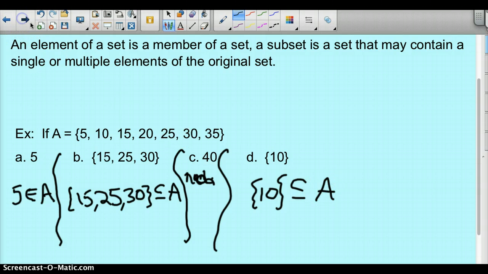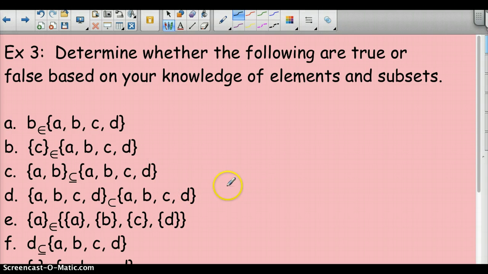Going to go through a couple more examples to help you to understand this idea. Looking here, I look initially and say, are there braces? There are not, so I'm looking to see if it is an element in this case. We look, it is in there, therefore B is an element of this set. I'm calling this true. Moving on to the second one, it says, is C with braces around it an element of this set?